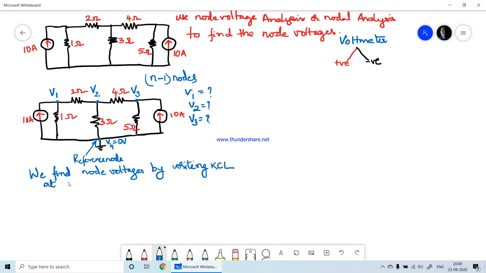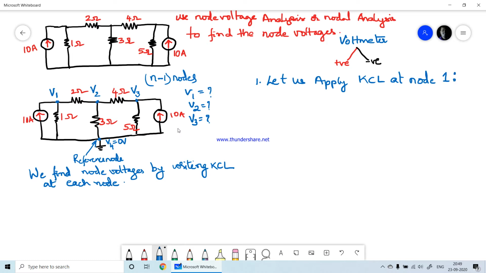We try to write the KCL equation at each node. So let us take the first step, which is to apply KCL at node 1.